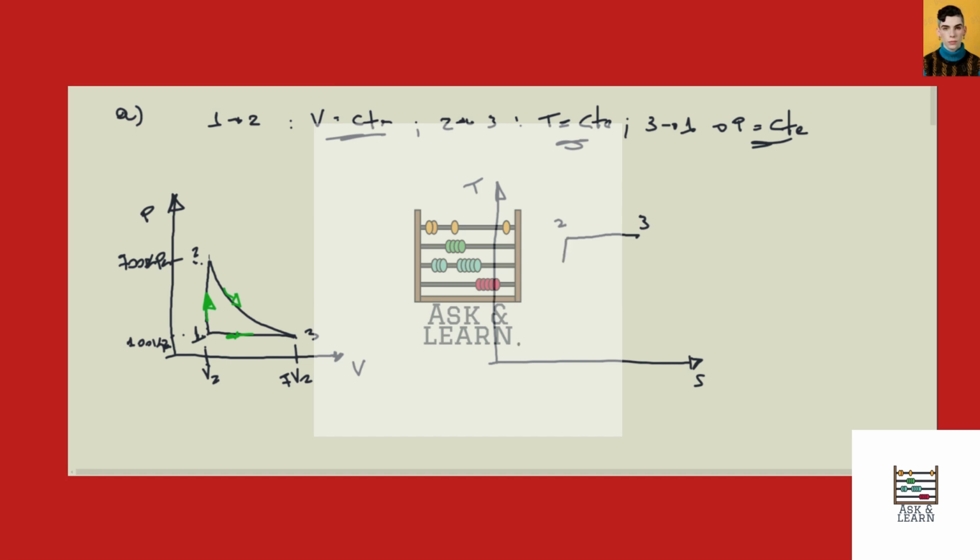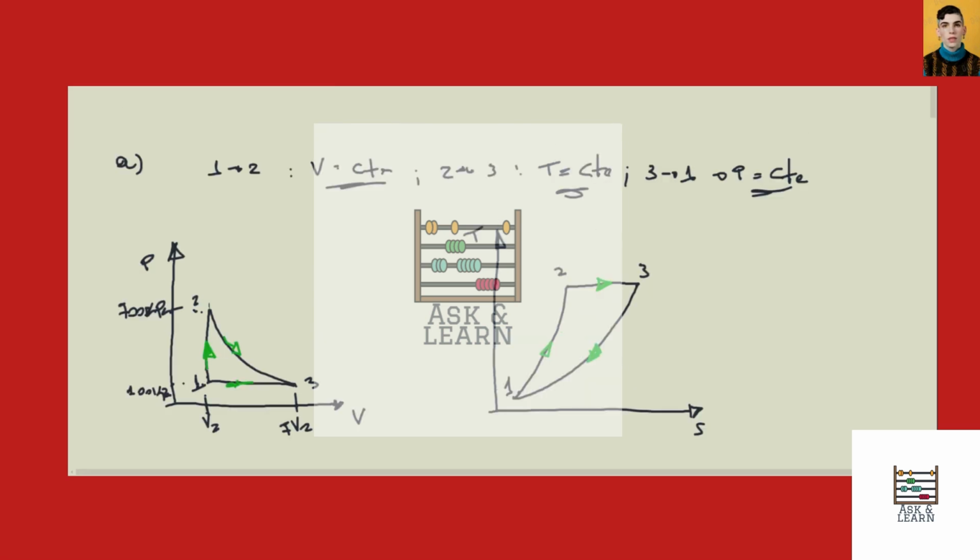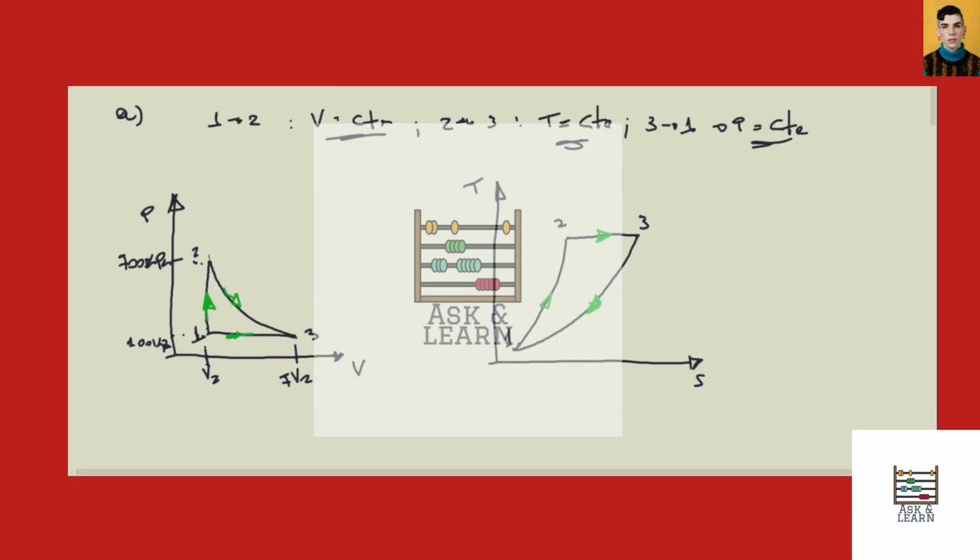So this is from 1 to 2, and this is going to be from 3 to 1. Okay, so this is the PV diagram, and on the right side, we have the TS diagram. So this is the first part of the problem.